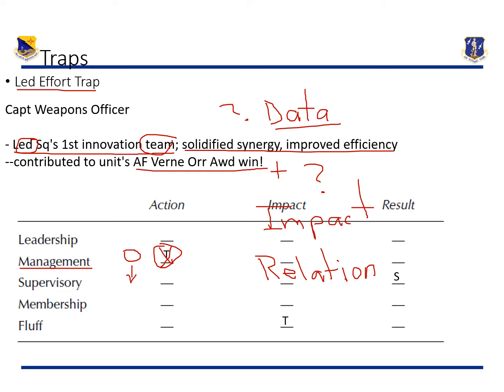I'll almost say that falls under supervisory level because it's only one team. The impact, definitely fluff. In my opinion, it's not even tactical level. It's just pure old fluff. So I wouldn't even go with that. And the result, okay, it's definitely Air Force level, so we're going to go with strategic.